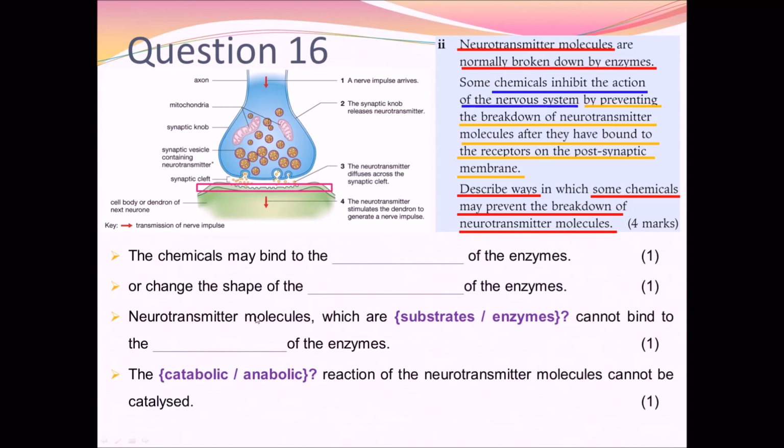Neurotransmitter molecules, substrate or enzyme, they cannot bind to the specific area of the enzyme. Actually, these answers are the same, but I just want you to recall the specific part of the enzyme molecule. And then finally, the catabolic or anabolic reaction of the neurotransmitter molecules cannot be catalyzed. That means it cannot be sped up.